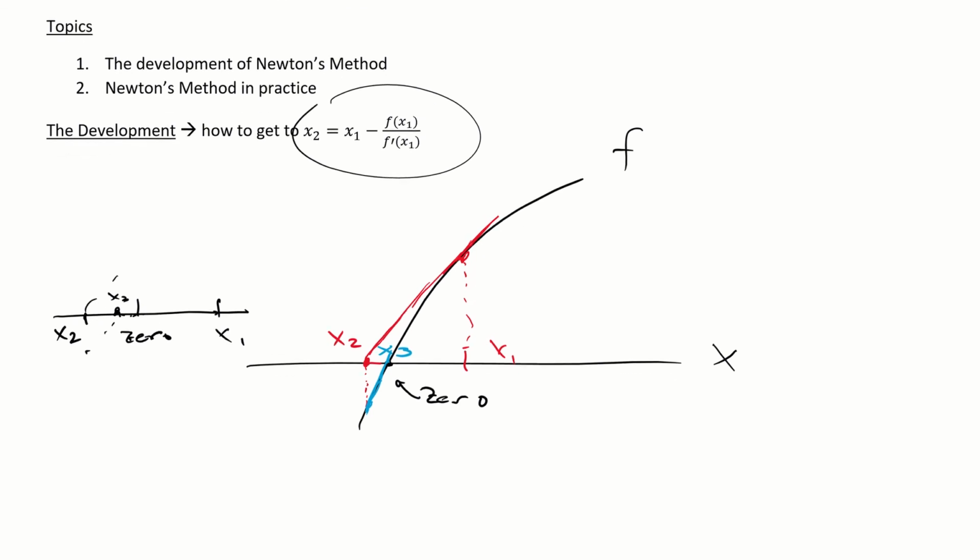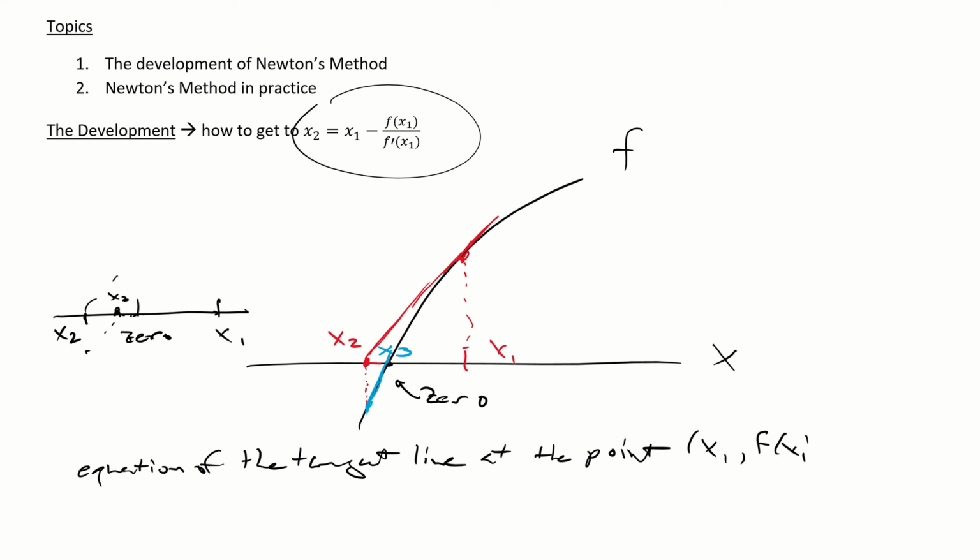So basically, we're going to take the equation of the tangent line, let's say, at the first point, and the point is, say, x1 and f of x1.